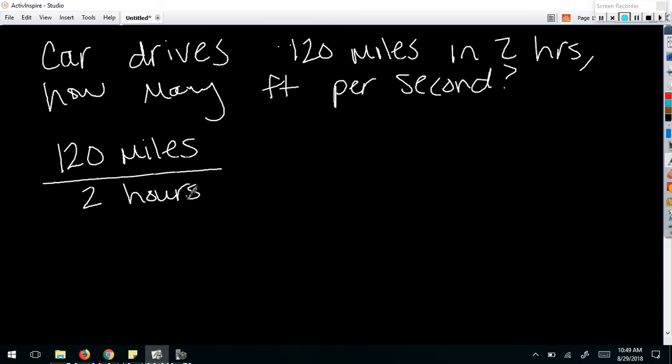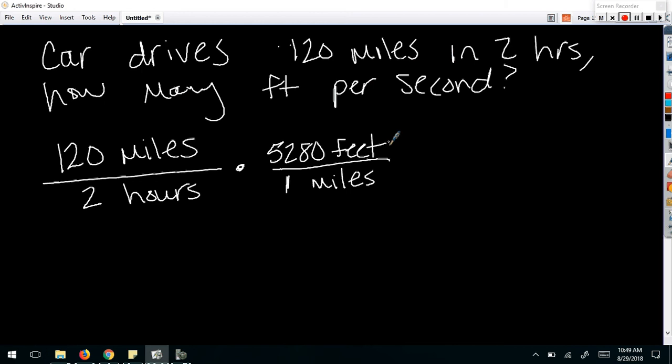Feet. So I need to multiply by a fraction that's 1. On the bottom, I need it to be miles because that's what I want to cancel out. So what kind of fraction can I make with miles that's still equal to 1? We did it a minute ago. 5,280 feet. That might be one you just need to write down somewhere so you know.